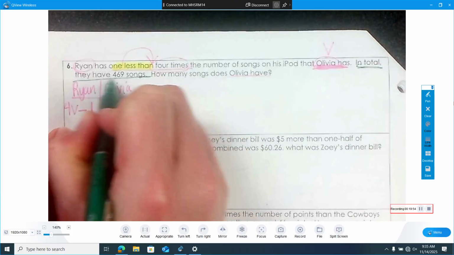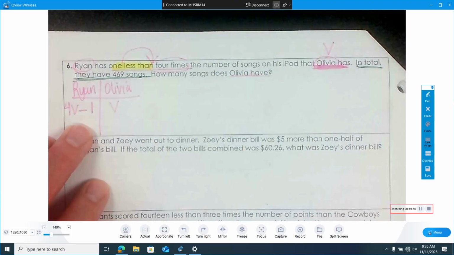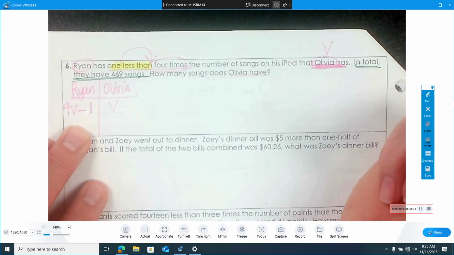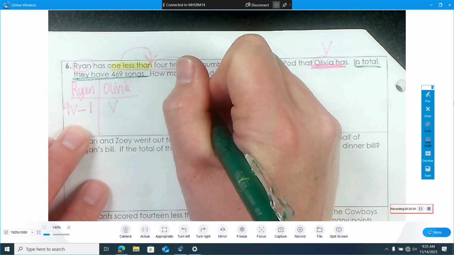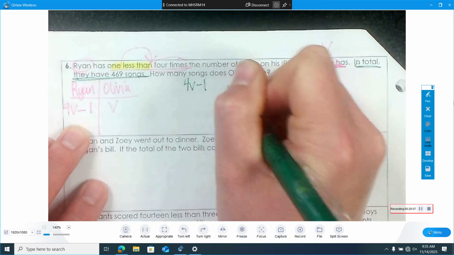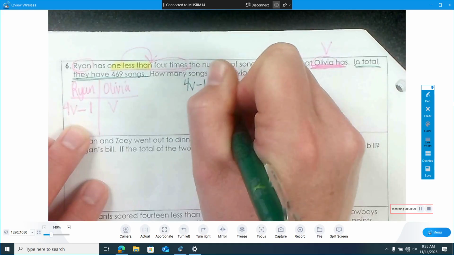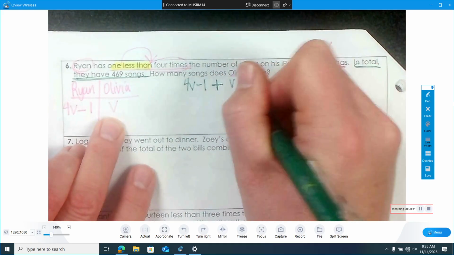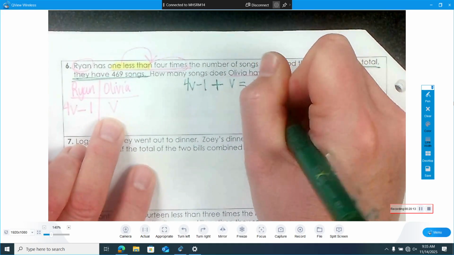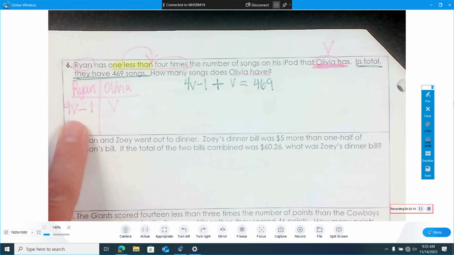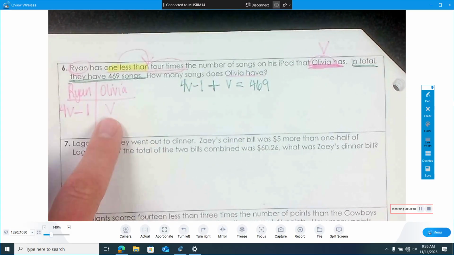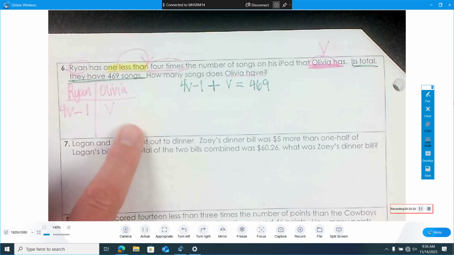All right. Now it says, in total, they have 469 songs. What should we write to show the 469? Four V minus 1 plus V equals 469. Yeah, add your little equations together and they equal 469.